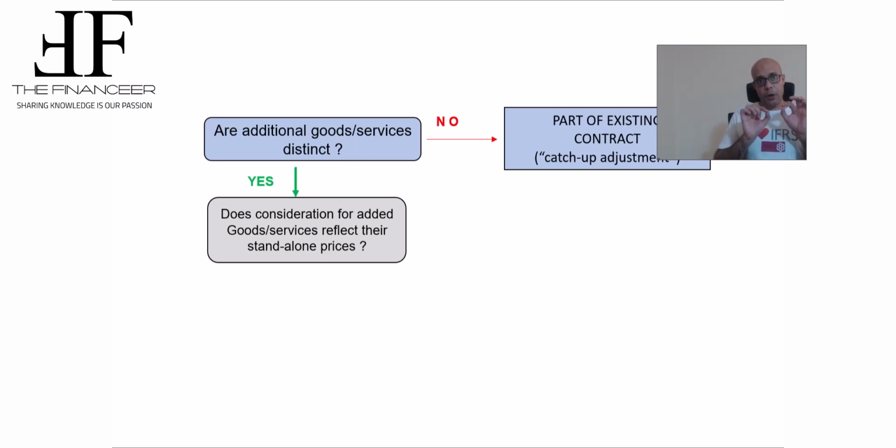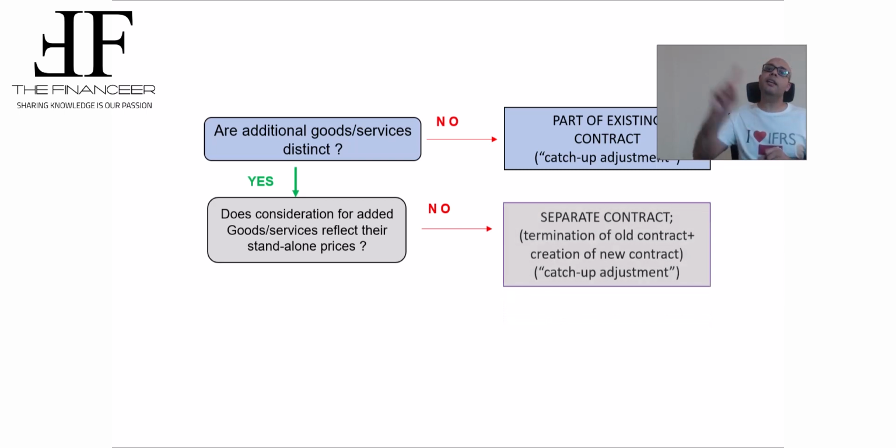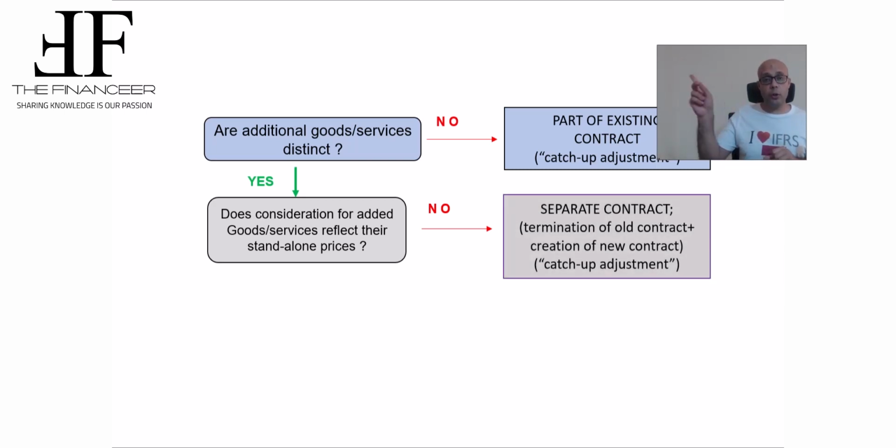If the price doesn't reflect the price that the company is selling today for the same product and services, and the answer is no, then in this case you have to terminate the original contract. And you have to consider the additional product and the services, along with the remaining product and the services from the original contract, as one new contract, and start doing your accounting accordingly.